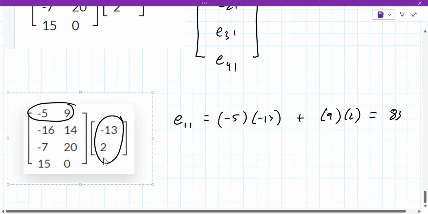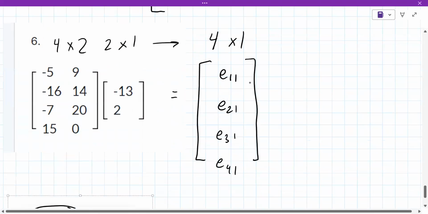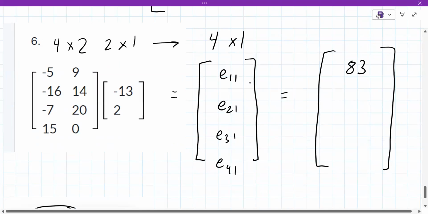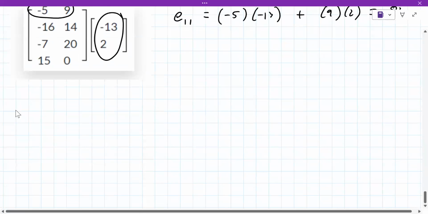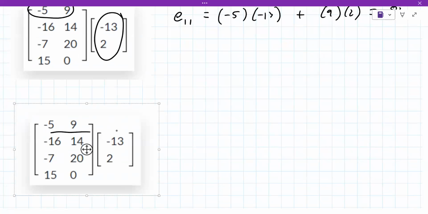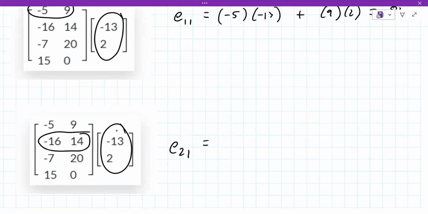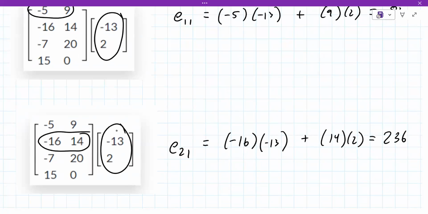Now that 83 is the first number in your answer. The second number, E21, you take the second row and multiply by the first column: -16 times -13 plus 14 times 2. And this equals 236.